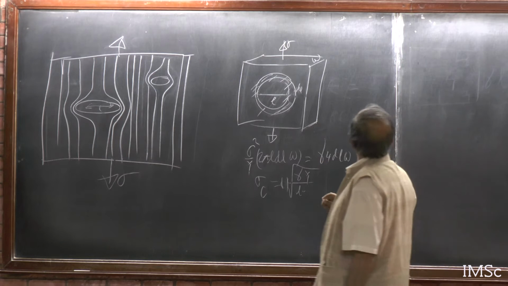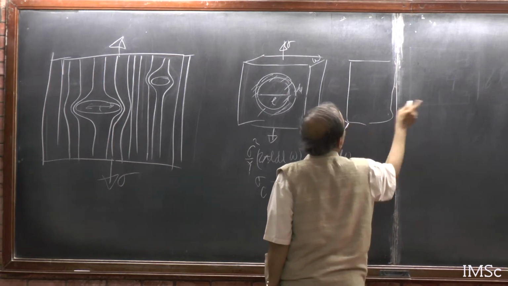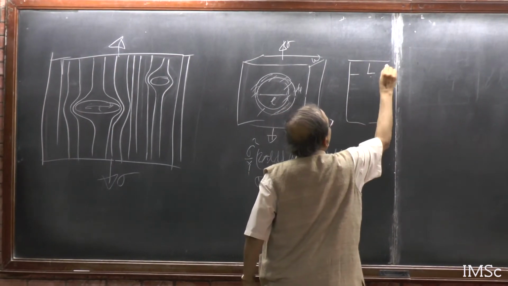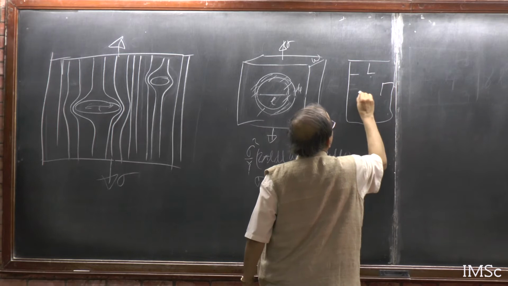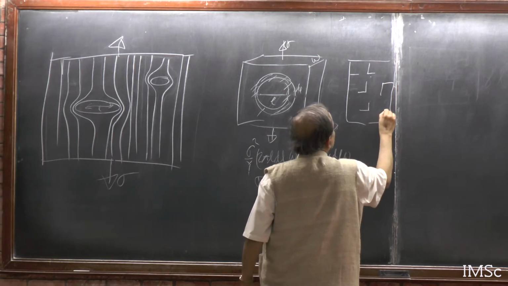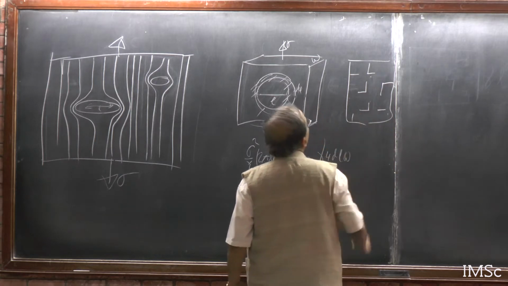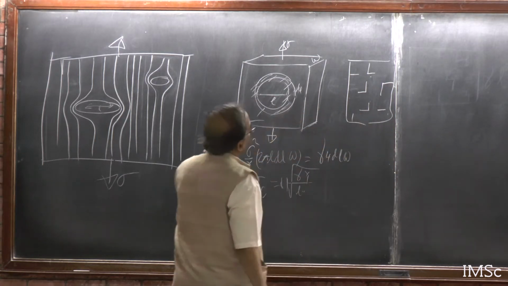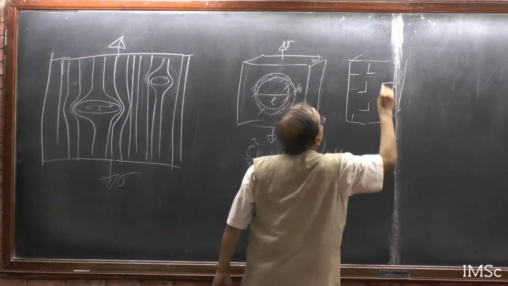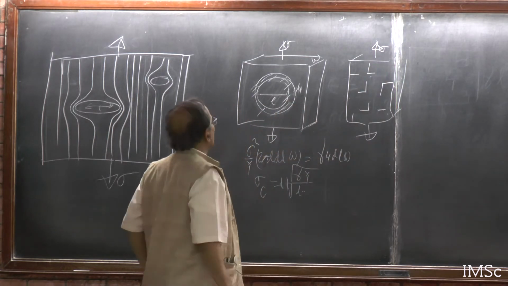Then there was a part of discussion which I wanted to draw: if you have some random defects which are not necessarily percolating, but let us assume that they are, and this is the sample, and it is under stress sigma. Then the scenario changes.